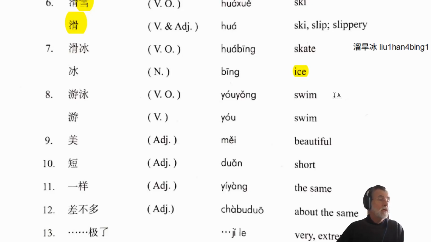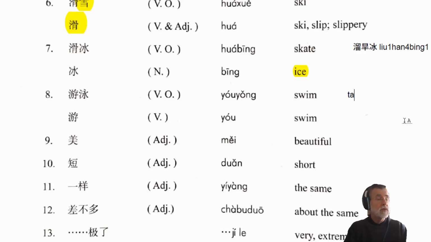So again, if we want to say, you know, he swims extremely fast. 他游泳游得非常快. All right, I might just type that in there because it'll remind you both of how this word is used and also the previous grammar form that we've learned.